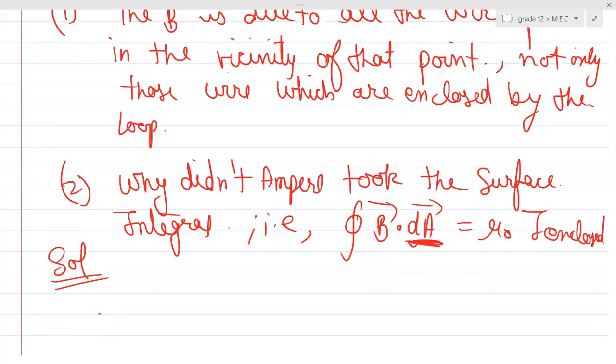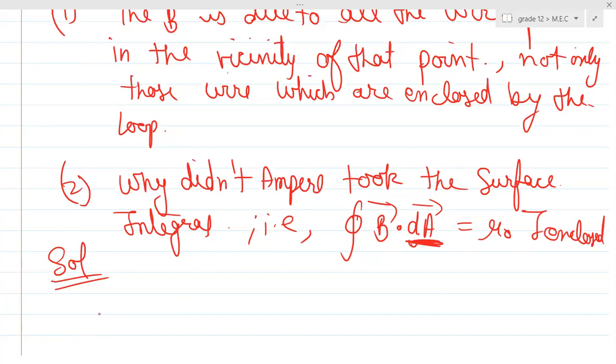The answer lies in the dissimilarity between electric field and magnetic field. This is my hint. You know how the magnetic field is, you know how the electric field is. There is one point which is a dissimilarity.